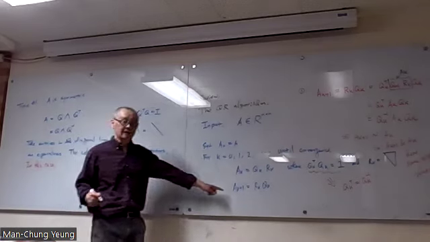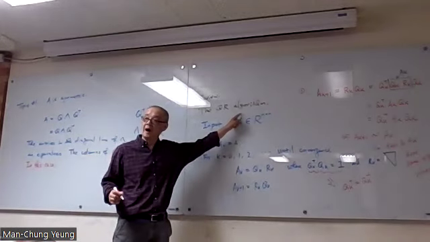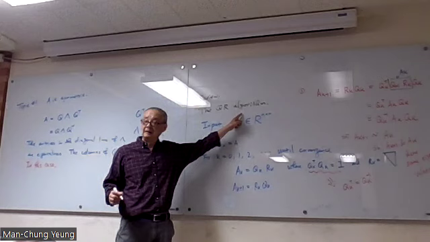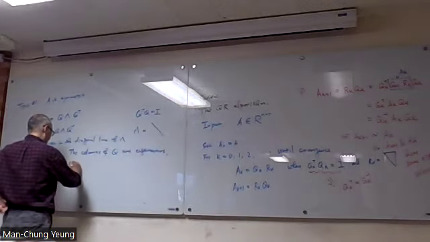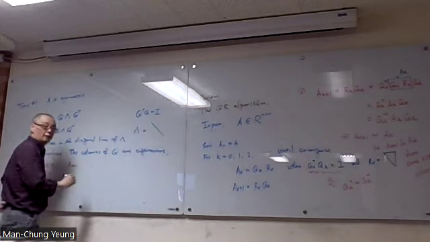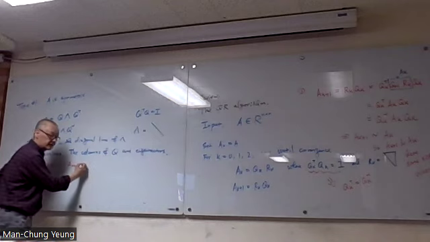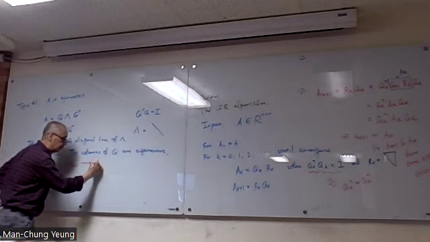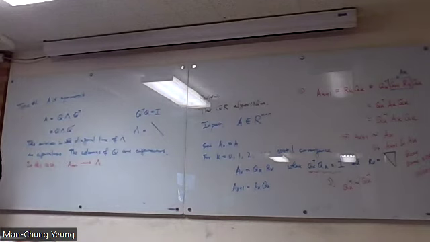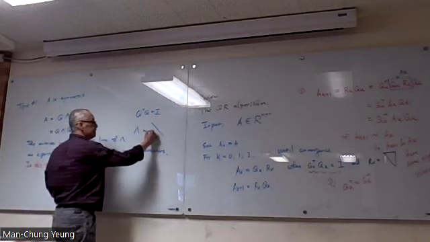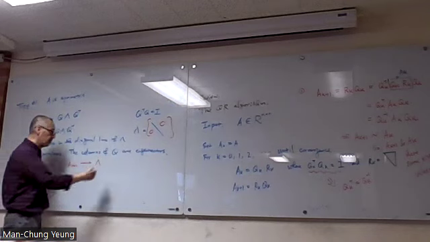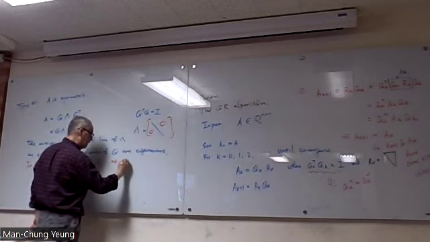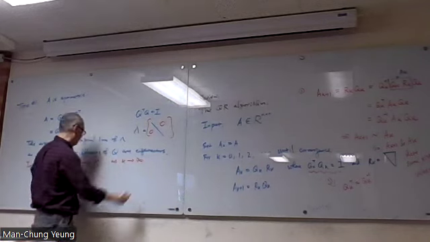Ak plus 1 in the QR algorithm, as k approaches infinity, approaches Lambda, the diagonal matrix of all eigenvalues, with zero everywhere else.